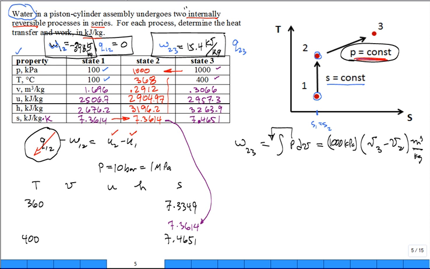So we have Q 2 to 3 minus work 2 to 3 is equal to U3 minus U2. We just calculated work. We just got the properties. The only thing unknown is the Q, and the Q 2 to 3 comes in at 67.7 kilojoules per kilogram.